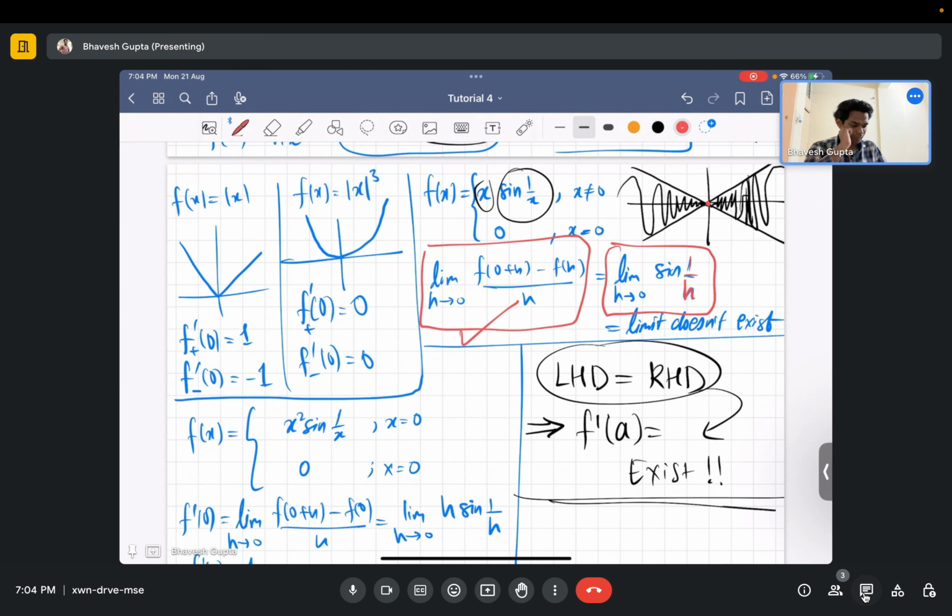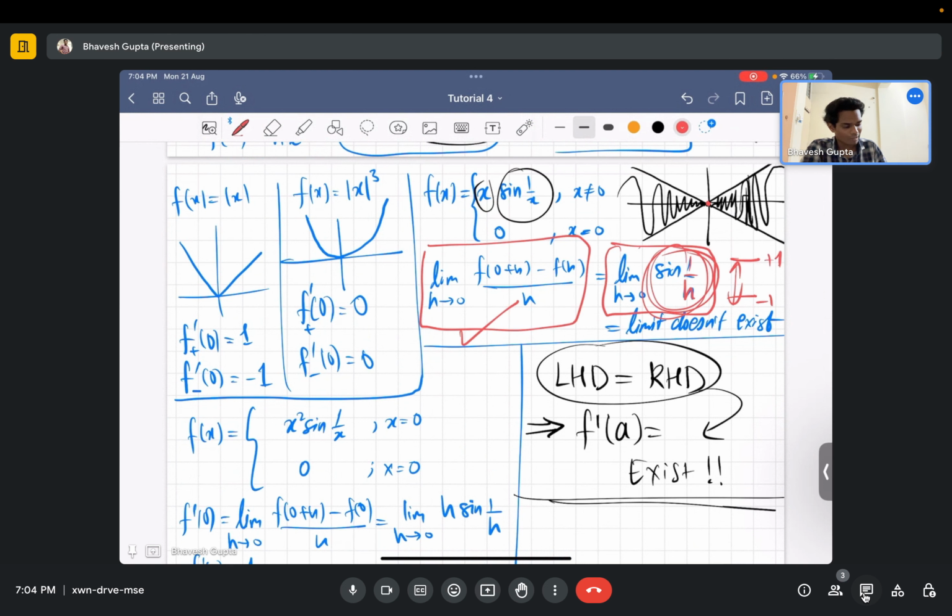So this particular limit is oscillating between -1 and +1 very fast. So this is a very fast oscillating term. You can see this particular value doesn't converge to any fixed point. That means the limit doesn't exist, right? So that's the reason why we are saying the limit doesn't exist in this case.